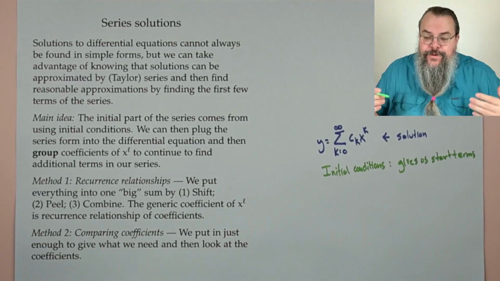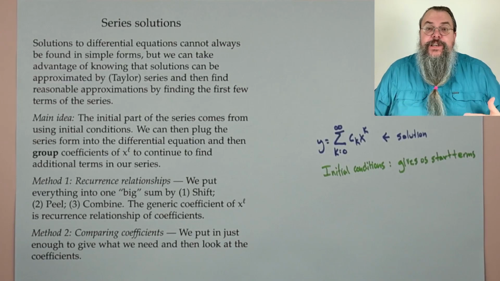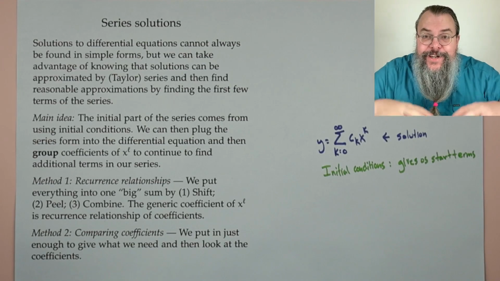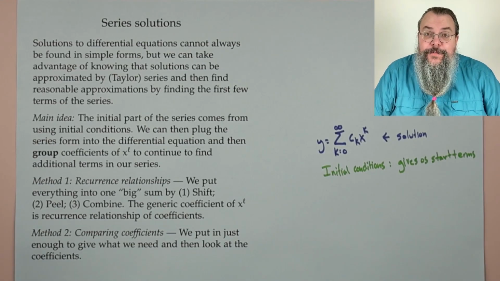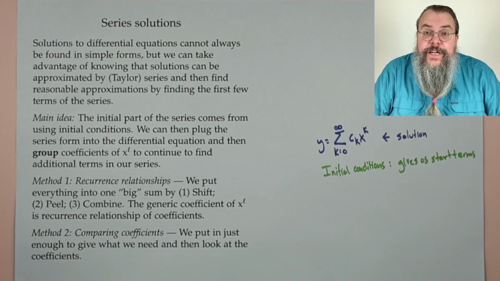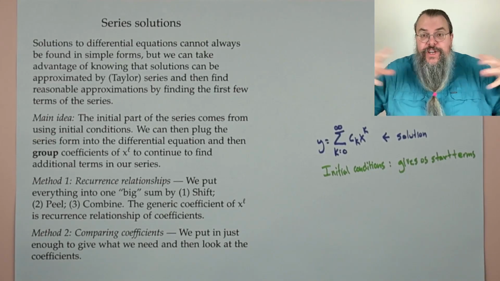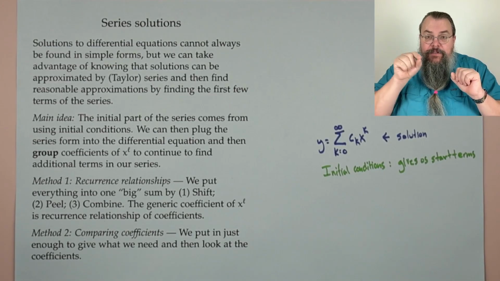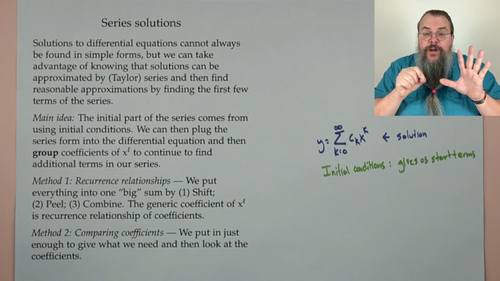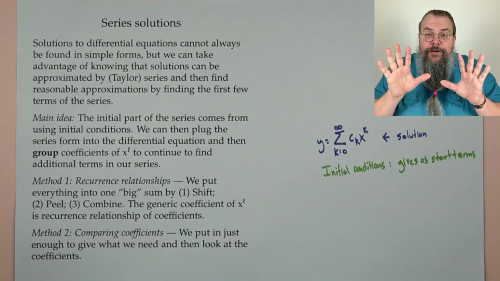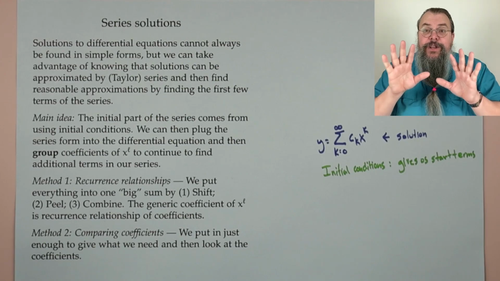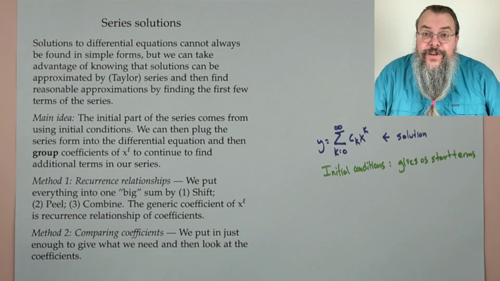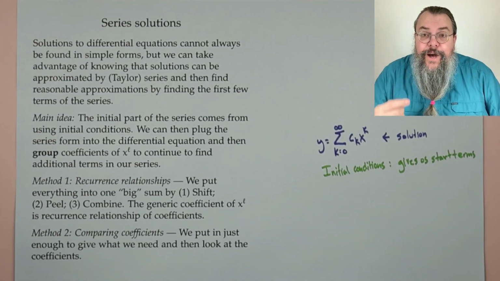Well, we're going to use a really cool fact. Since we have polynomials, we're going to make everything in our differential equation look like polynomials. In other words, we're going to make them look like series as needed. And then we're going to push everything together. Because I have an equals, I have a polynomial on the right and a polynomial on the left. And these polynomials are equal if and only if the corresponding coefficients of x to the power are equal for all powers.